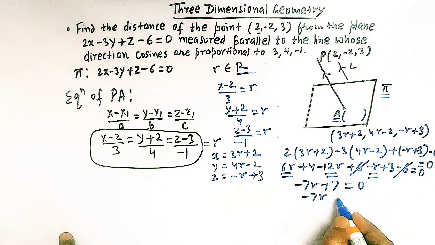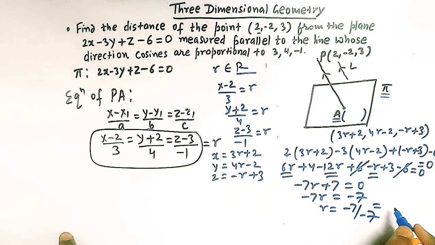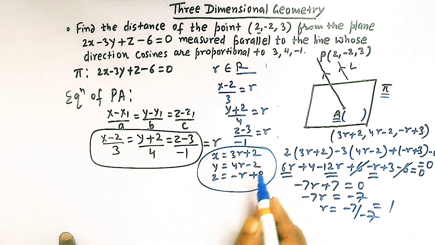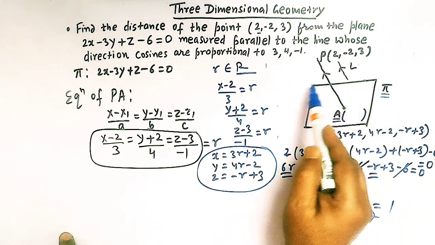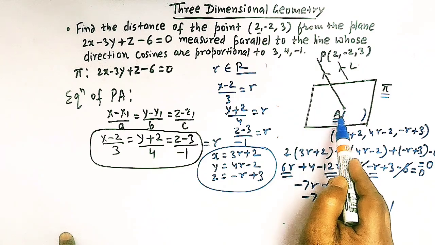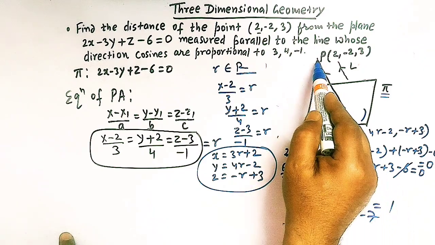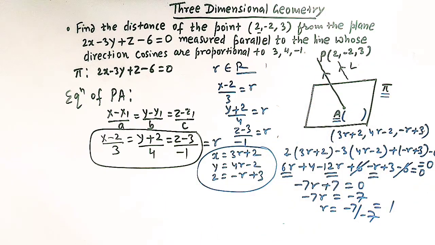So minus 7r plus 7 is equal to 0, that is minus 7r is equal to minus 7. So r is minus 7 over minus 7, that is equal to 1. So for r equal to 1, this coordinate represents this point A, which lies on the plane pi, and this point A serves as the point of intersection of this line PA with this plane pi.